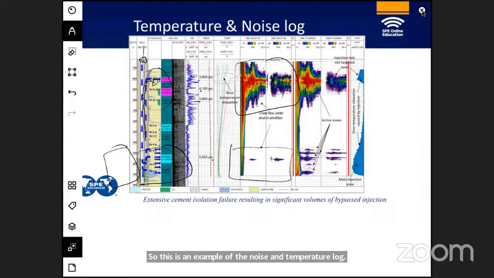I'm not going into the details of how we run these logs and how we calibrate with the temperature profiles also. No questions, then I'll move forward.